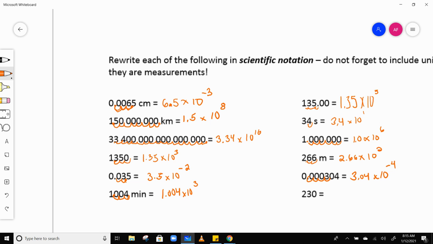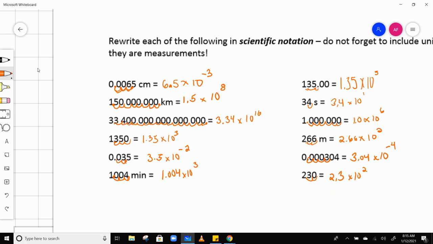Negative 4 because it's less than 1. Then 230, 2.3, 1, 2 times 10 to the second. Got it? Easy peasy, no problems.